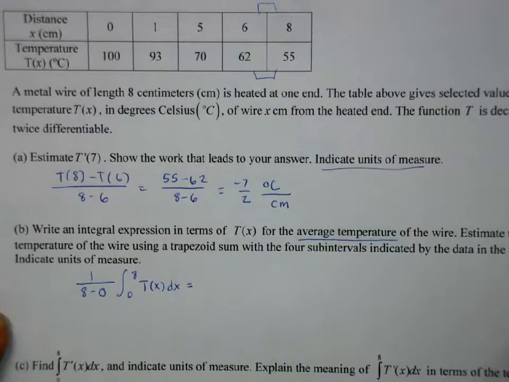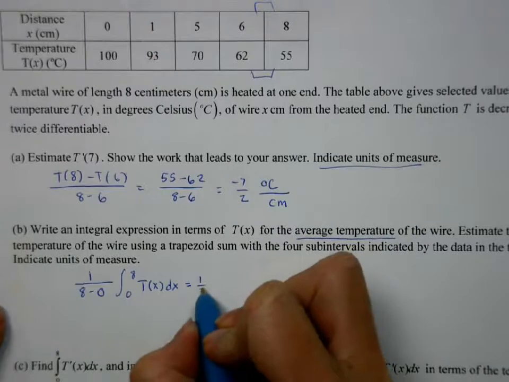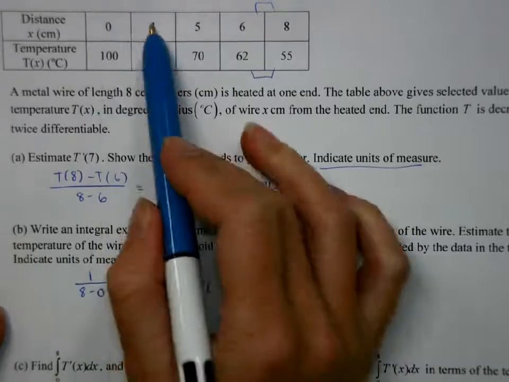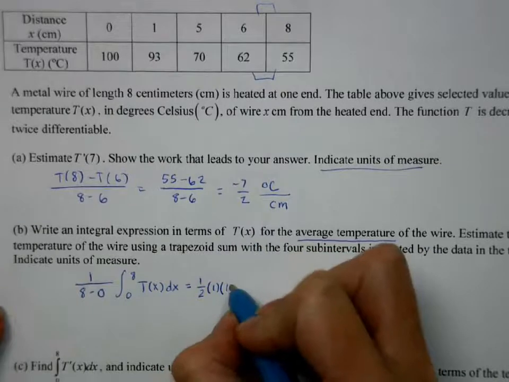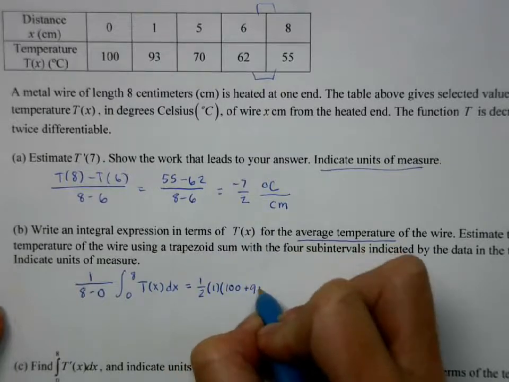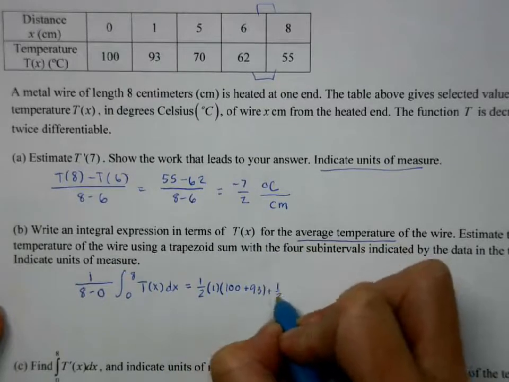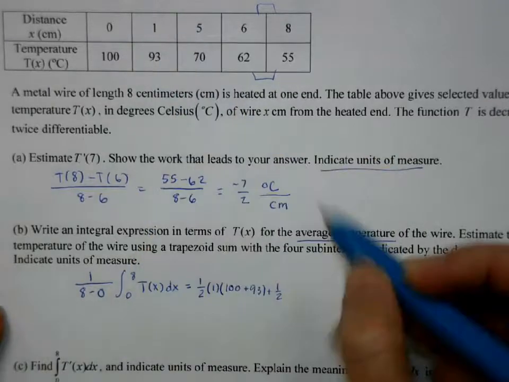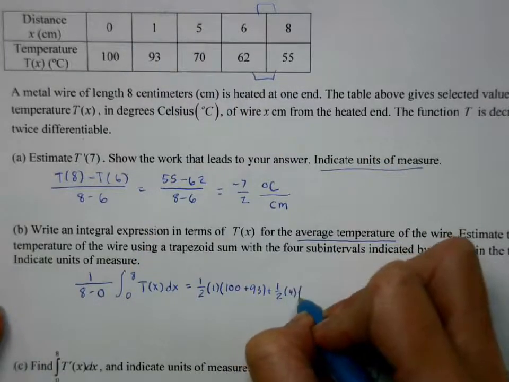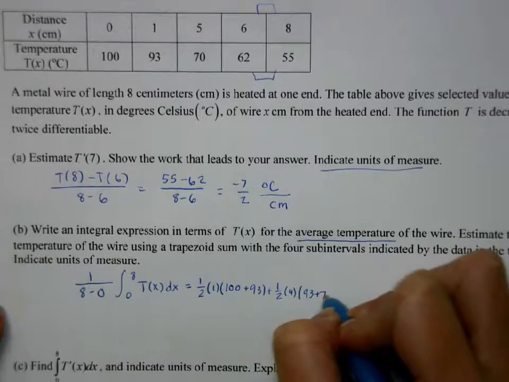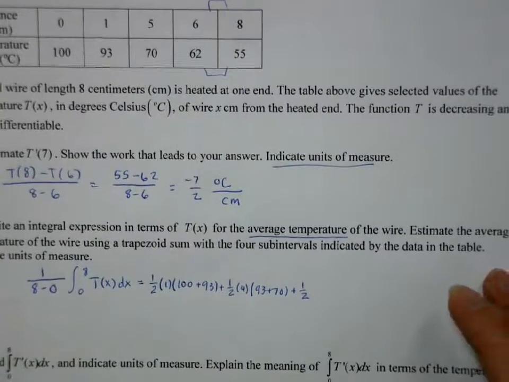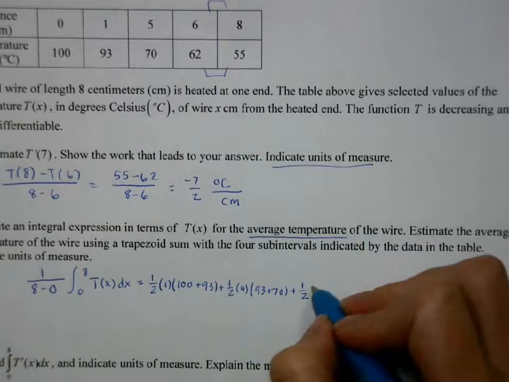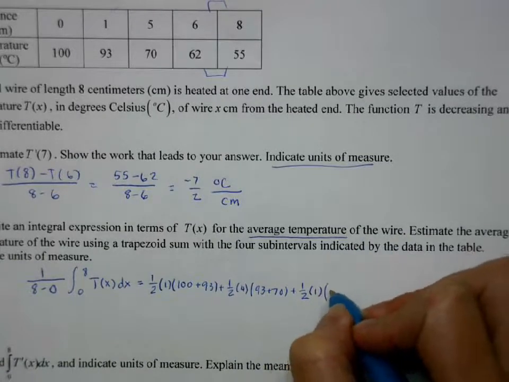So we're going to have 1/2. The first width is 1, and then we evaluate the heights, 193 plus 1/2. The second width is 4, 93 plus 70. The next one's width is also 1, 70 and 62.